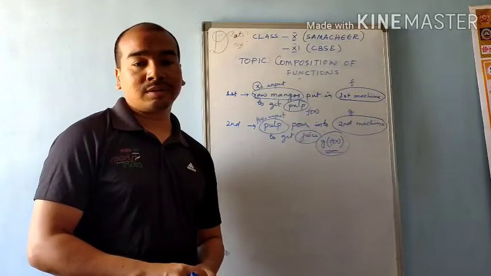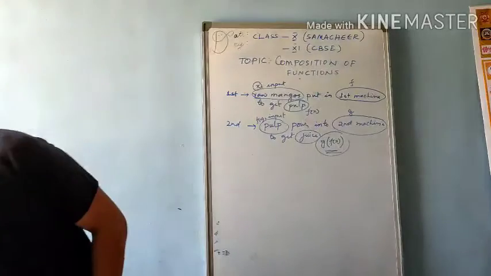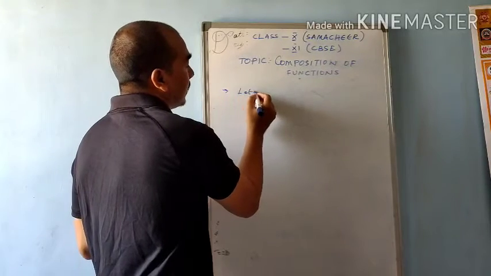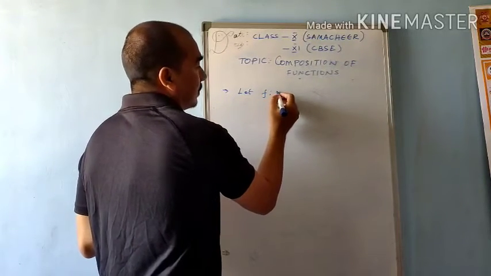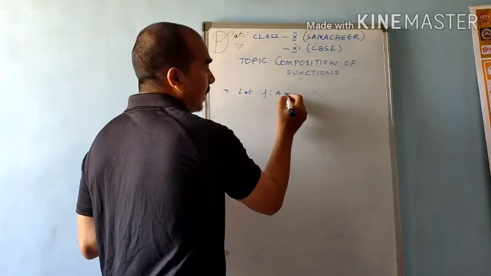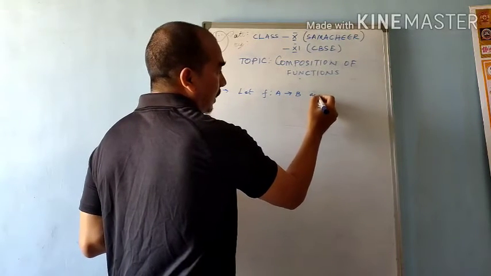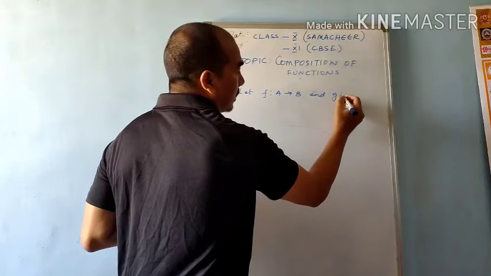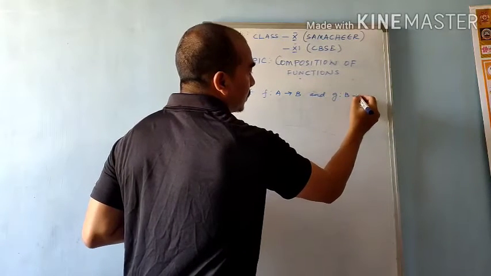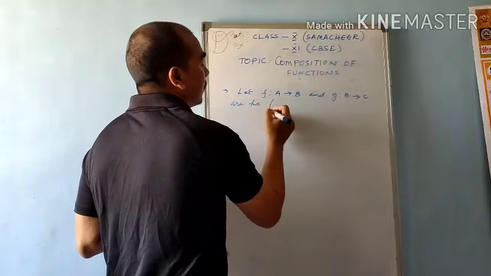Now let me come to the point: the definition of composition of functions. Let f be a function from A to B, and g be a function from B to C. These are two functions.